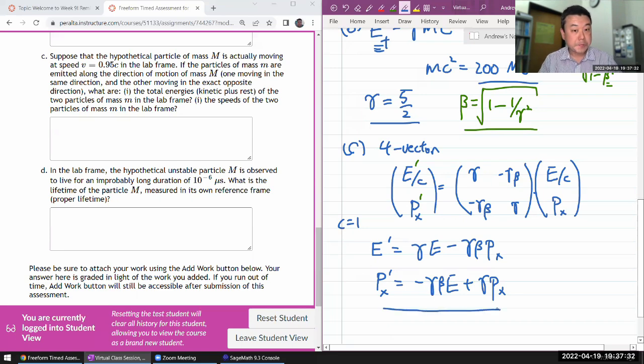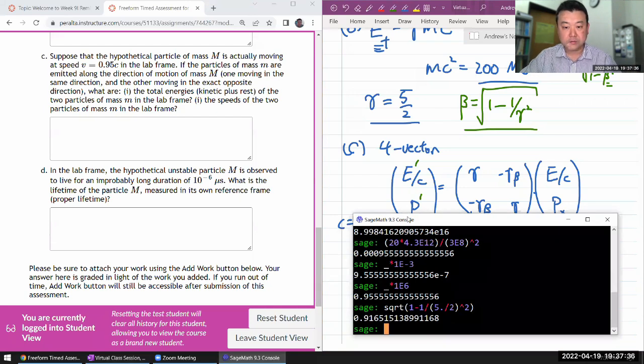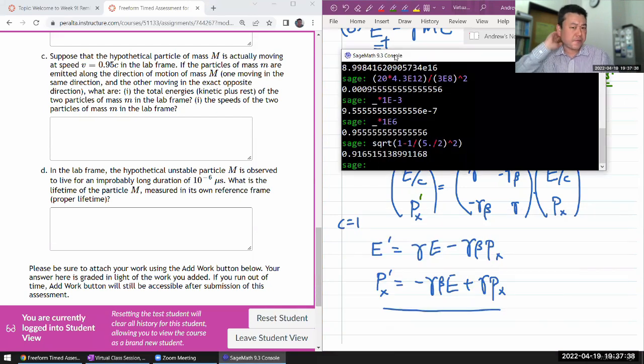So let me just do the rest of it in SageMath. If you are doing what I'm doing, then you should include the screenshots of your SageMath or whatever as your work. So let me just declare some of the variables.